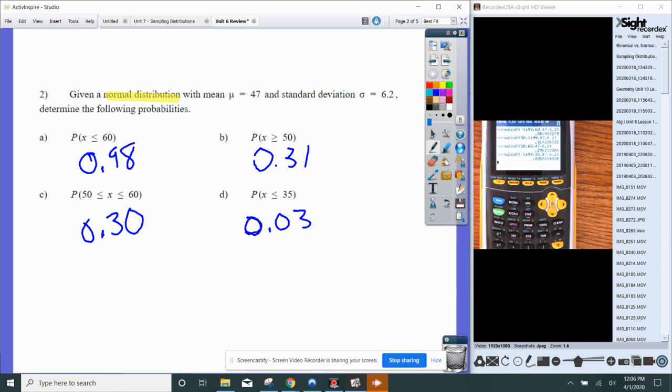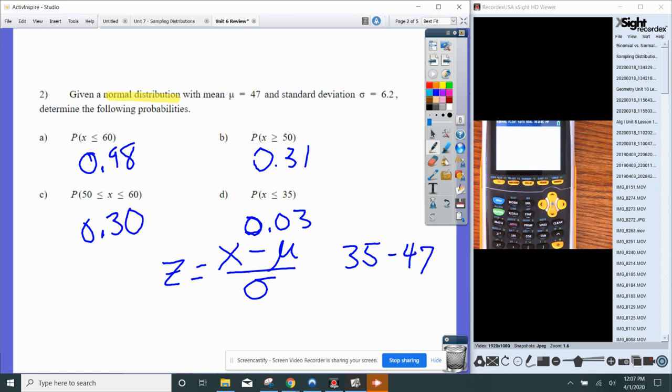Now we could also change all of these to z-scores. If you remember how to do that, to calculate a z-score, we take the measurement, subtract the mean, and divide by the standard deviation. So for example, let's take letter D. The measurement would be 35. The mu is 47, and we would divide by 6.2, so 35 minus 47 divided by 6.2 gives a z-score of -1.94.